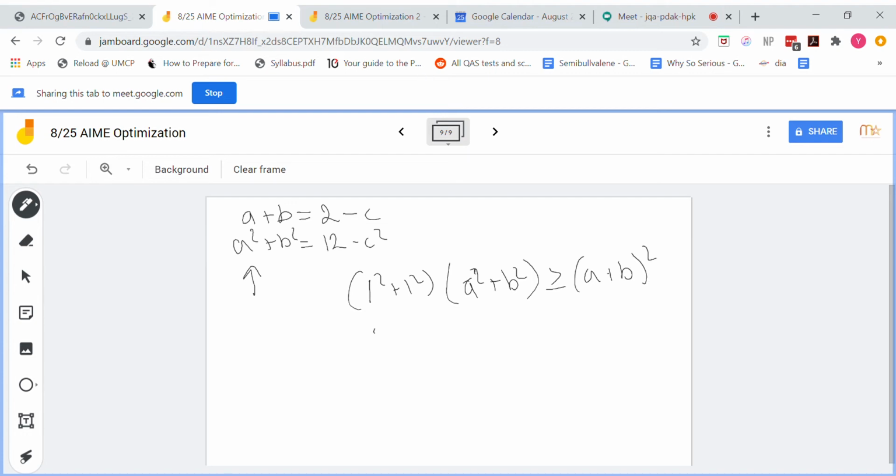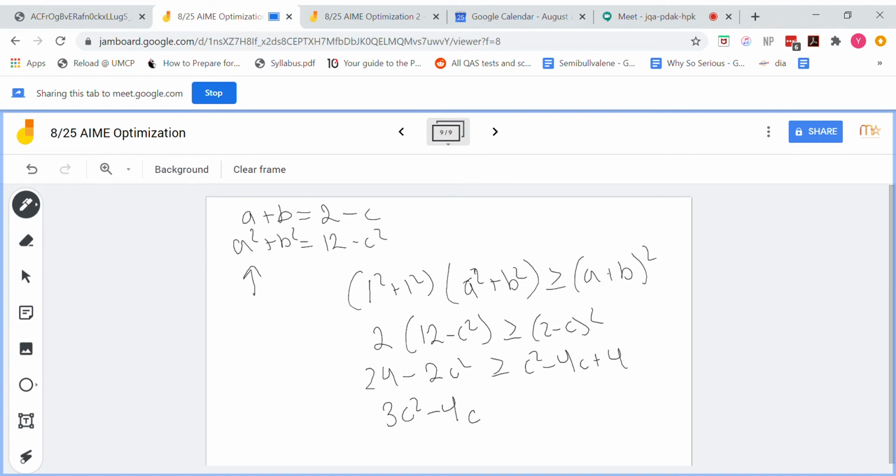And so now we have 2 times (12 minus c squared) must be at most (2 minus c) squared, which gives us 24 minus 2c squared is at most c squared minus 4c plus 4. And so this gives us 3c squared minus 4c minus 20 is at most 0.